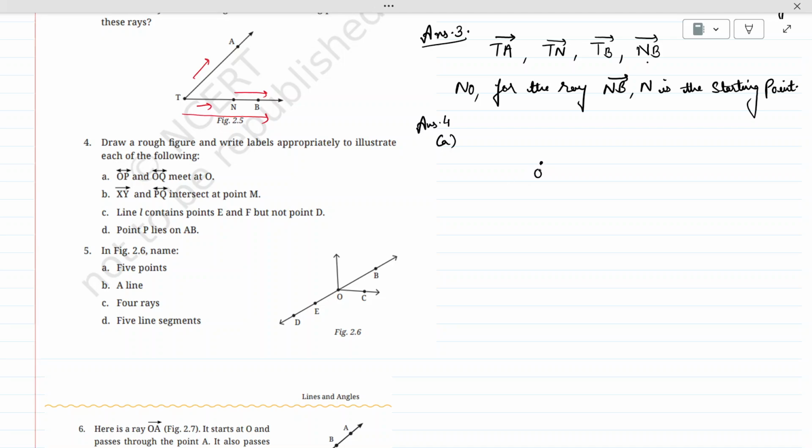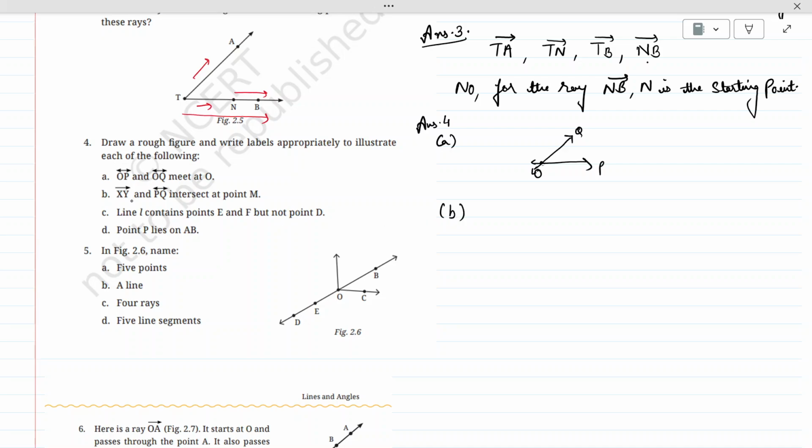I have a point O, and this is the line. This is the line. This is OP and this is OQ, and arrow here and arrow here, and they are meeting at this point O. This is a figure for A part.